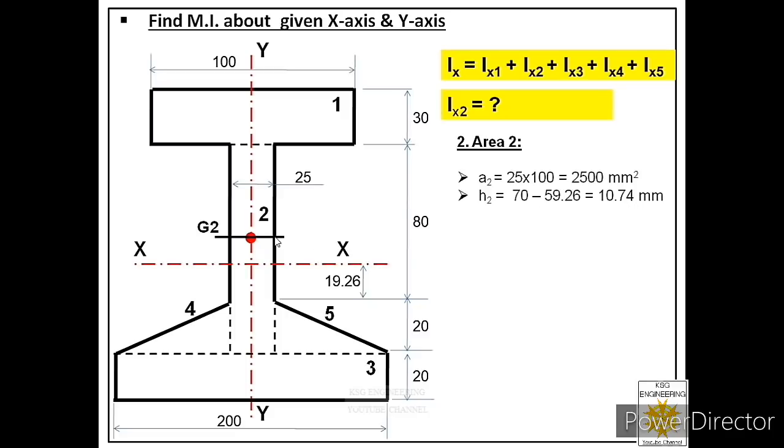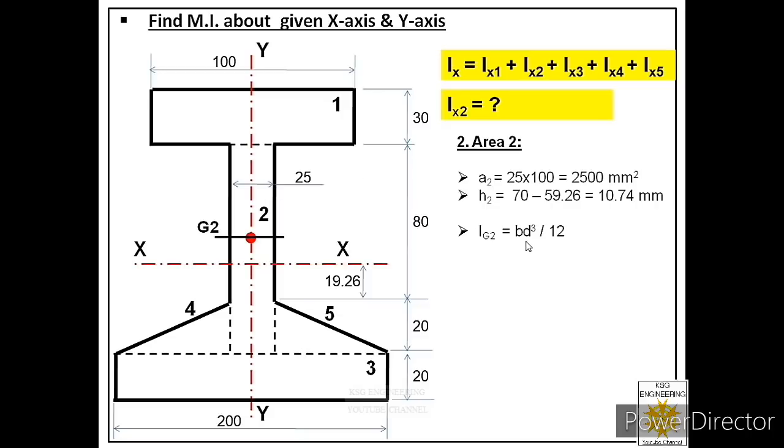Now after finding H2, we have to find Ig2. What is Ig2? It is the area moment of inertia of area 2 about its own centroidal axis. And area 2 is a rectangular area, so Ig2 will be given by BD cube by 12. Now in this case, parallel to the centroidal axis, we have this side of the rectangle, that is 25. So B is 25 and D is 100.